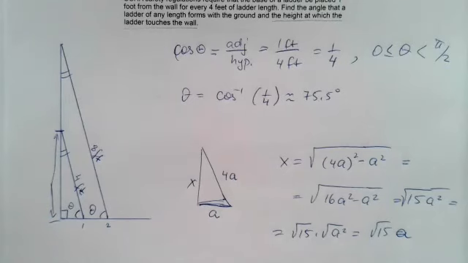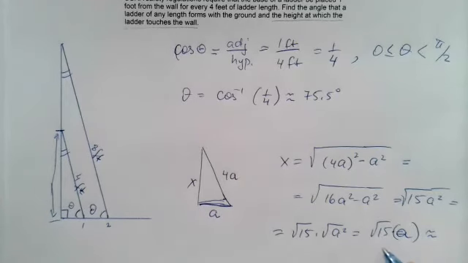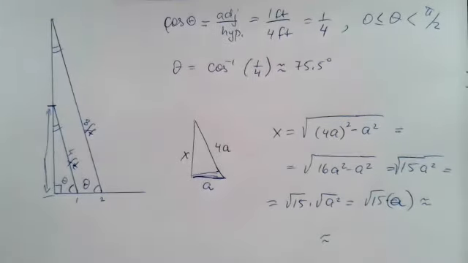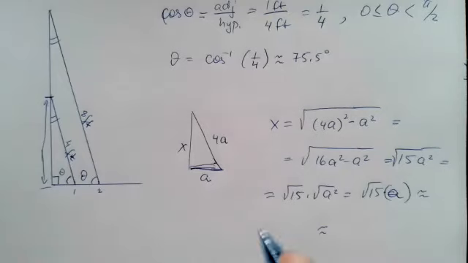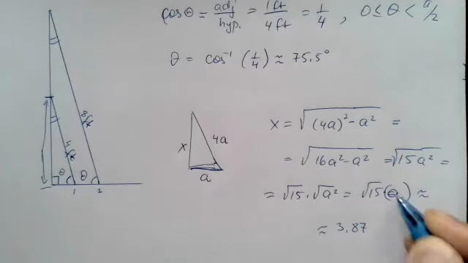So what we have is the square root of 15 multiplied by a, and when we put this into a calculator, the square root of 15 is approximately equal to 3.87, and we still have a.